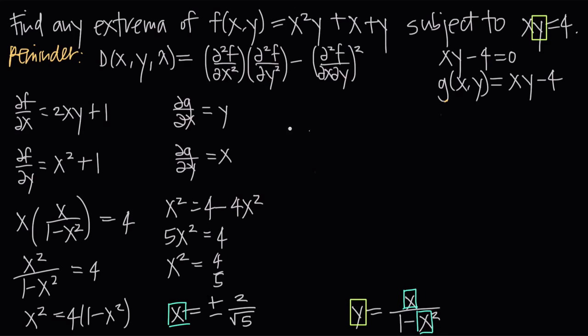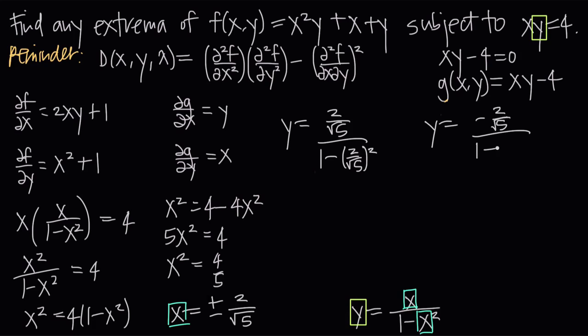And so when we do that, we're going to get y is equal to, let's start with positive 2 over root 5, 2 over root 5 in the numerator, divided by 1 minus (2 over root 5) squared. If we plug in the negative value, we're going to get y is equal to negative 2 over root 5, divided by 1 minus (negative 2 over root 5) squared.